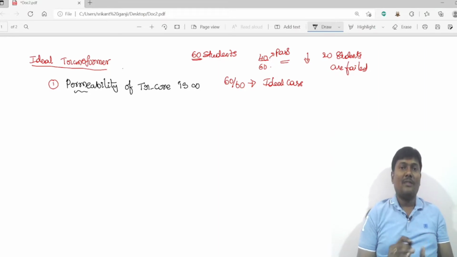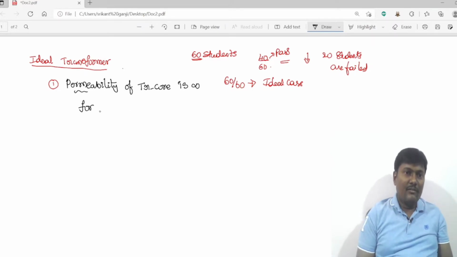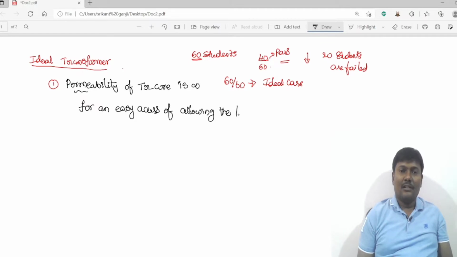Permeation means to allow the flux, you can remember it like this. For an easy access of allowing the flux is called permeability.